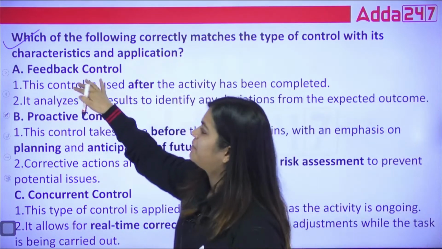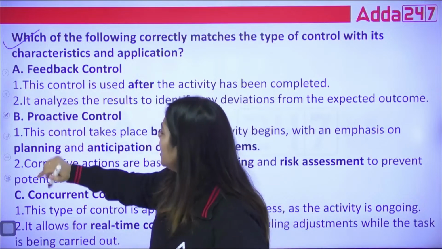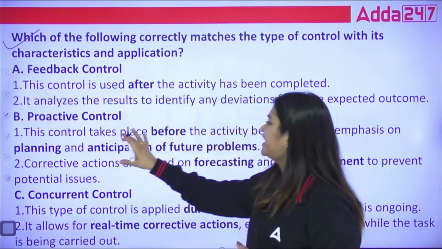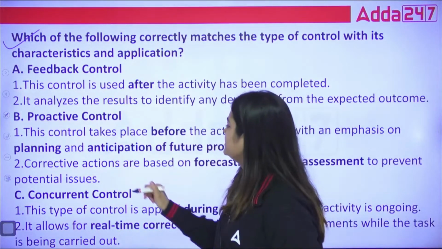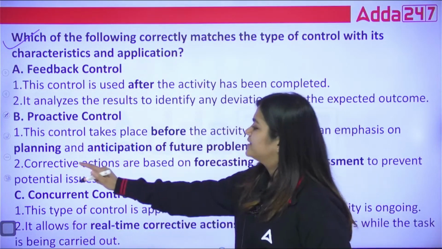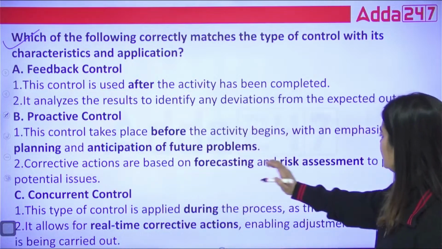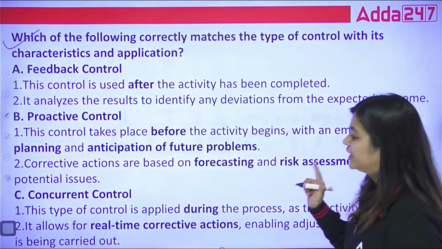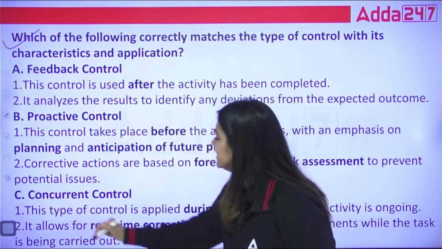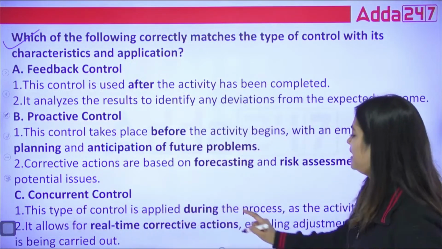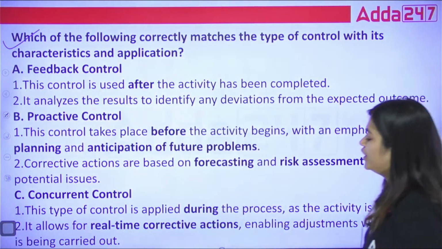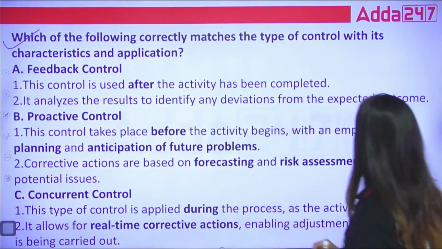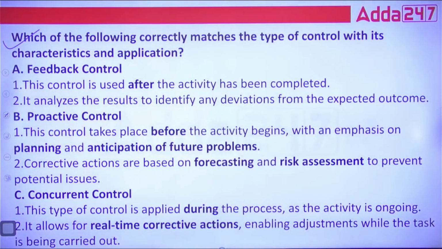B, proactive control. This control takes place before the activity begins with an emphasis on planning and anticipation of future problems. Second, corrective actions are based on forecasting and risk assessment to prevent potential issues. C, concurrent control. This type of control is applied during the process as the activity is ongoing. It allows for real-time corrective actions, enabling adjustments while the task is being carried out.